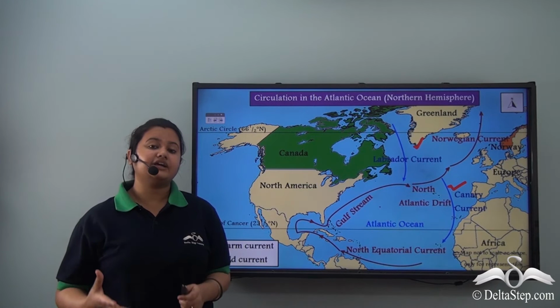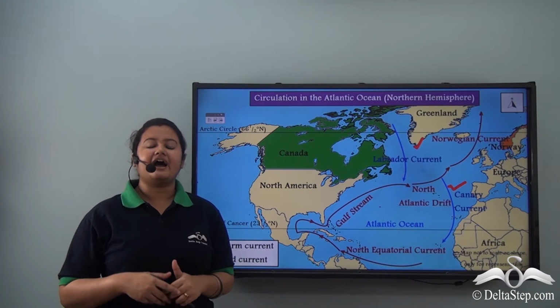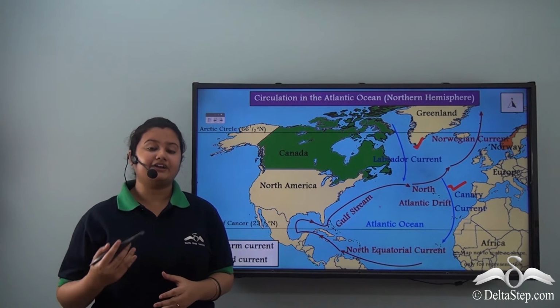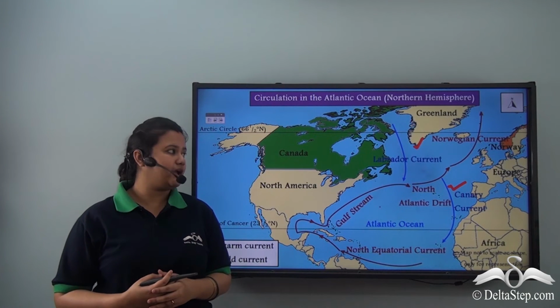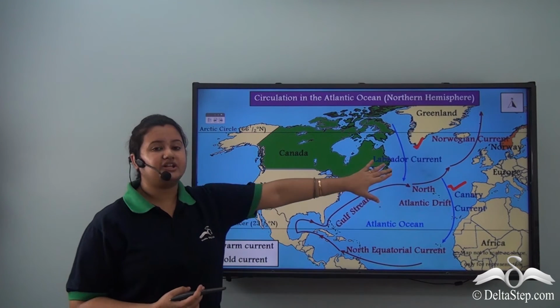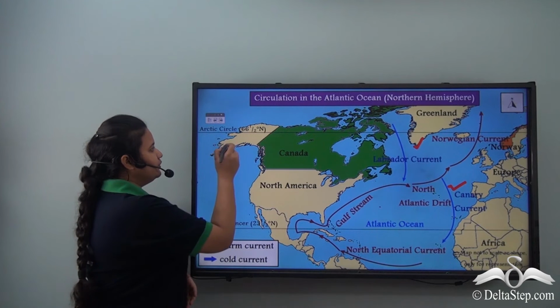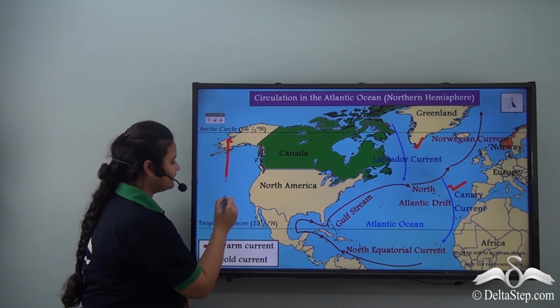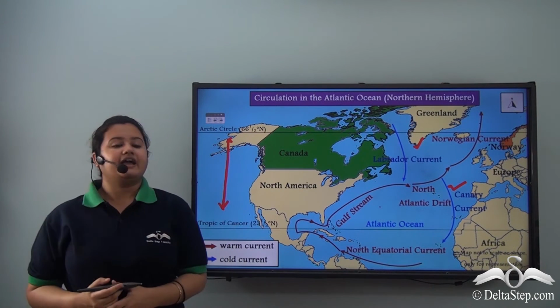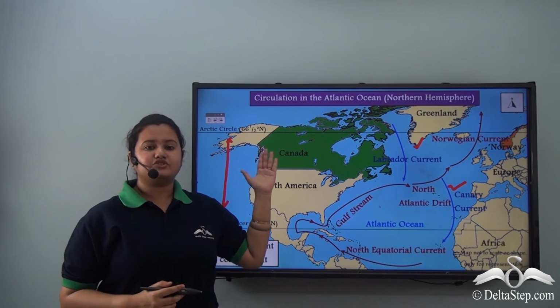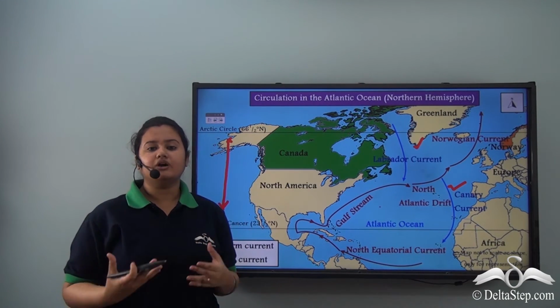And why is Canary Current a cold current? Well, I have already mentioned that Canary Current is a cold current because here it originates in the temperate zone and temperate zone is relatively cooler than the tropics.